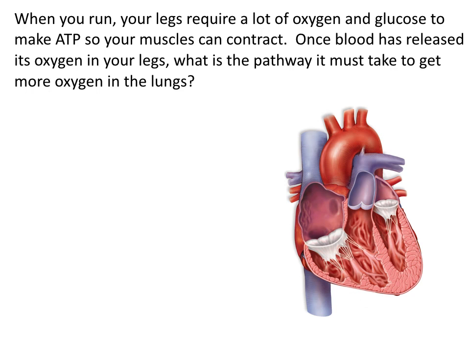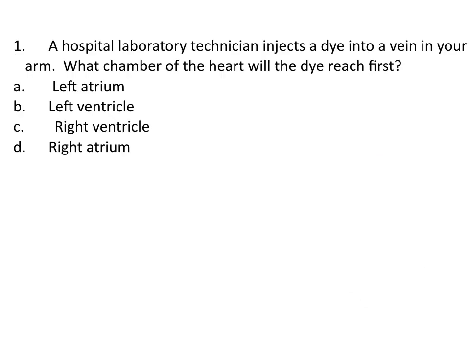So it joins into venules, then veins, and then it's going to go back to your heart via the inferior vena cava. Then it's going to go to the right atrium, right ventricle, out the pulmonary arteries to the lungs where it'll get more oxygen and come back via the pulmonary veins.